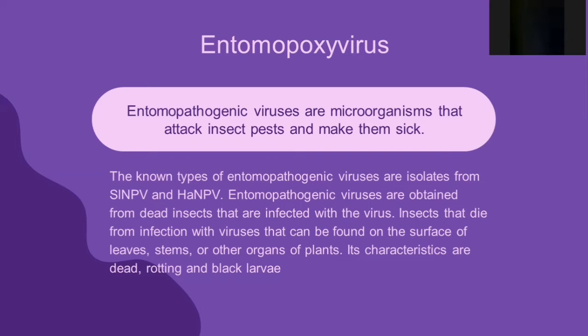Insects that die from infection with viruses can be found on the surface of leaves, stems, or other organs of plants. Its characteristics are dead, rotting, and black larvae. Next.